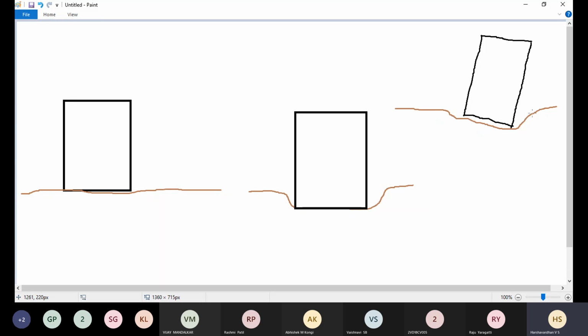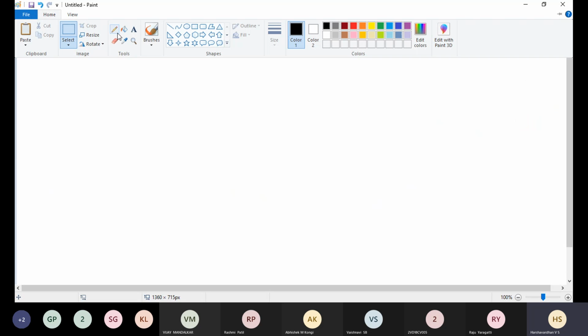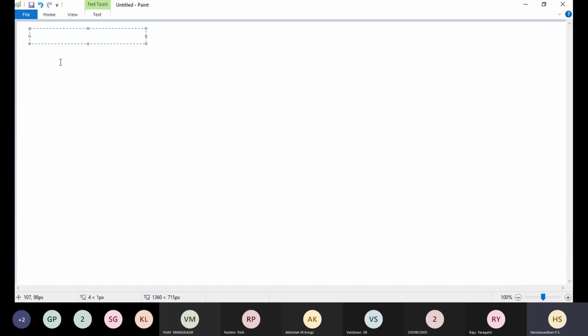So to explain this process of consolidation, we have a mass spring analogy. Using mass spring analogy, the concept of consolidation can be explained.